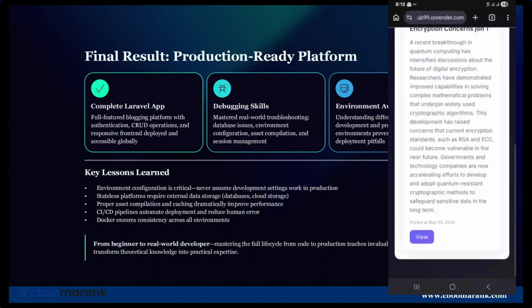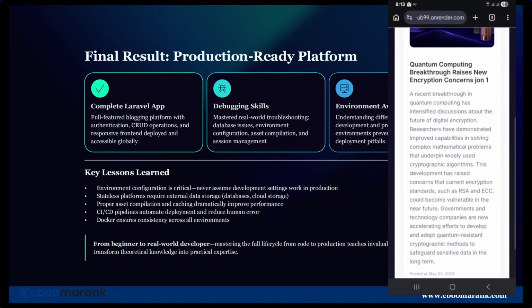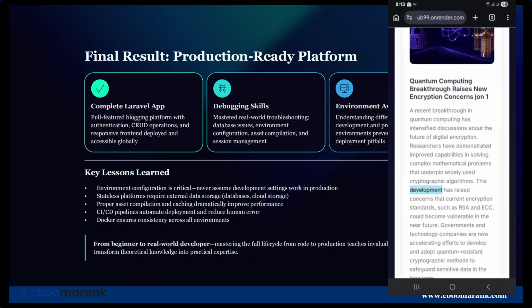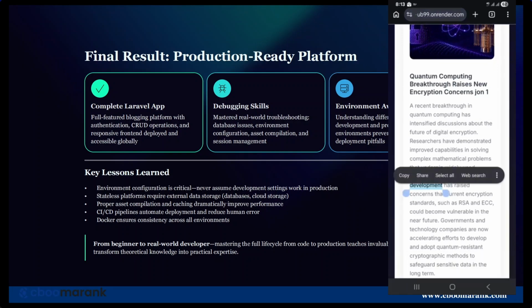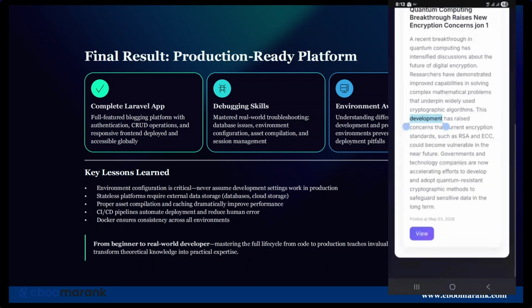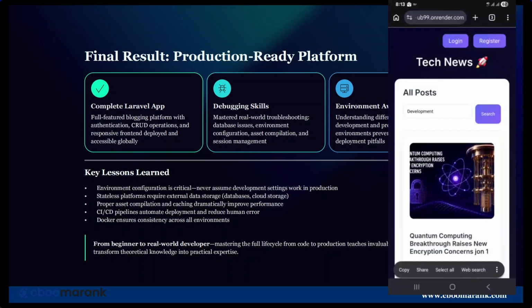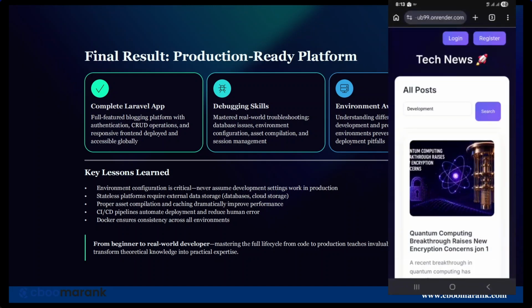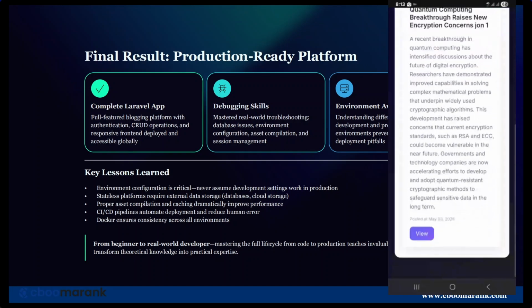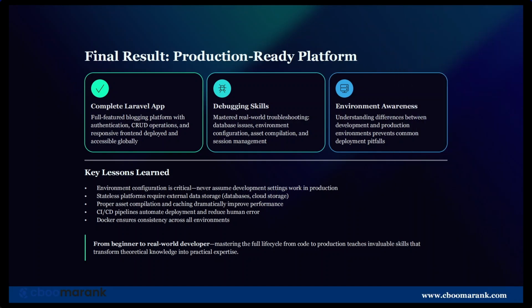So there are key lessons learned. Environmental configuration is critical. Never assume a development setting works in production. Stateless platforms require external data storage, database, and cloud storage. Proper asset compilation and caching dramatically improve performance. CI and CD pipelines automate deployment and reduce human error.